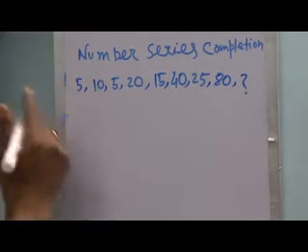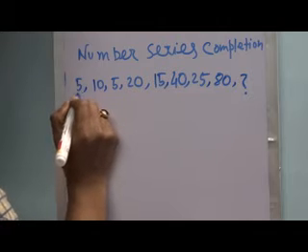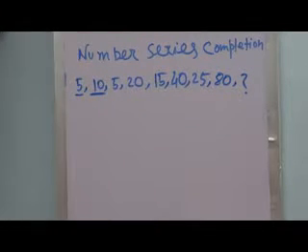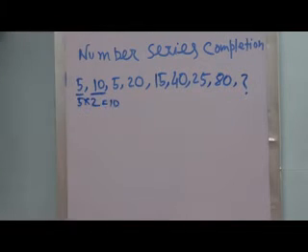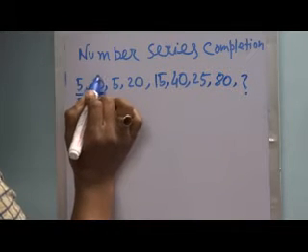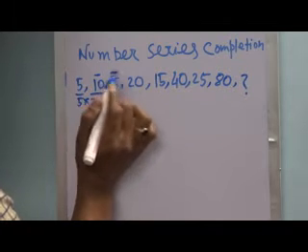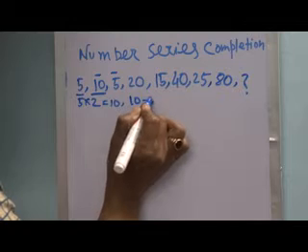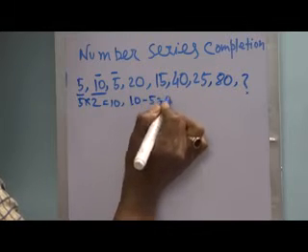Let's concentrate over the board here. Consider the first number 5 and second number 10. What is the relation between these two? 5 into 2 equal to 10. And again, if we concentrate over these two consecutive numbers, 10 and 5, what is the relation? It's 10 minus 5 equal to 5.